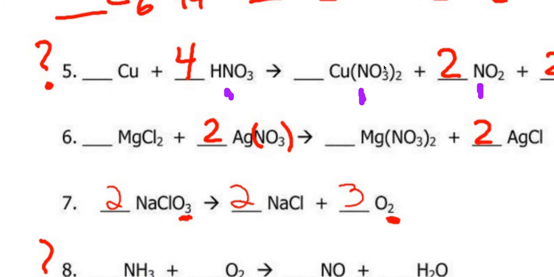Don't do it yet. Let's pick an element that only appears in two places, one on each side, and it's a simple fix. One hydrogen, two hydrogens. This would have been easily fixed by putting a 2 here and a coefficient of 1 there. That would have made the hydrogens equal.